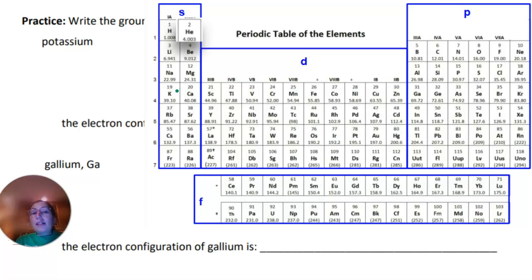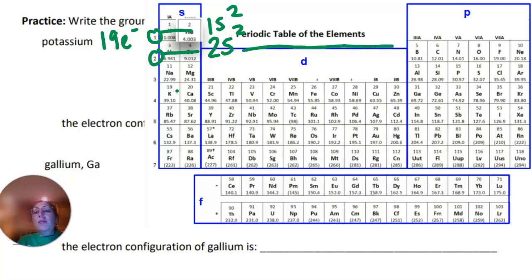Potassium has atomic number 19. So if it's neutral, 19 electrons. Now let's just think through the order of filling here. We're going to fill 1s with 2 electrons. We're going to fill 2s with 2 electrons. Then we're going to go over and fill 2p with 6 electrons.